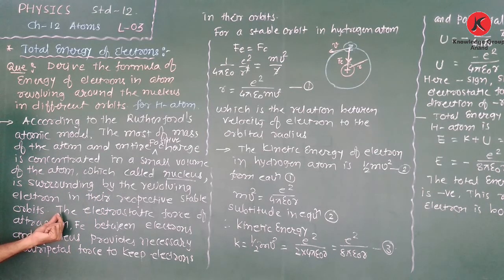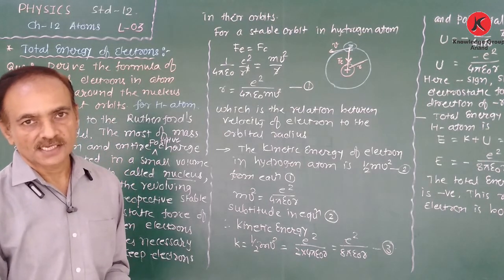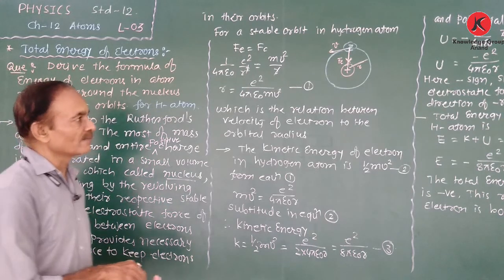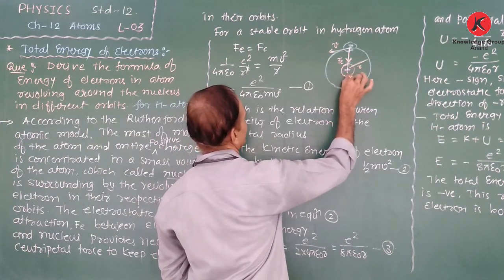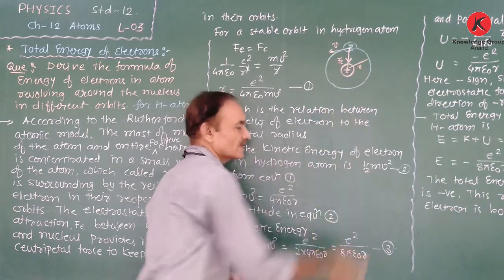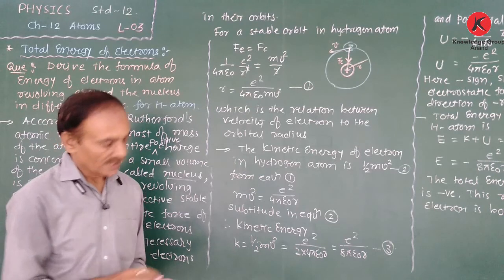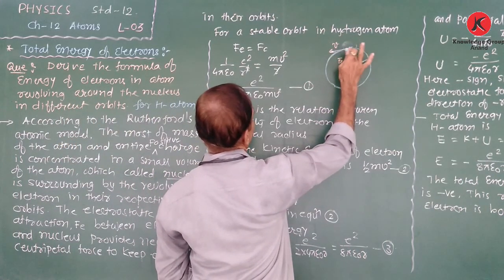The electrostatic force of attraction Fe between the electrons and the nucleus provides the necessary centripetal force to keep the electron in its orbit. The entire positive charge is concentrated in the nucleus, while the electron revolves in a circular orbit.